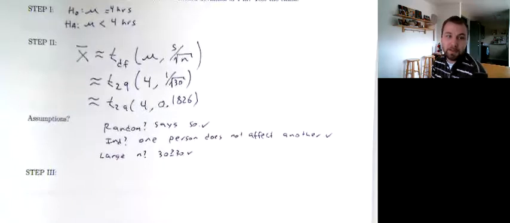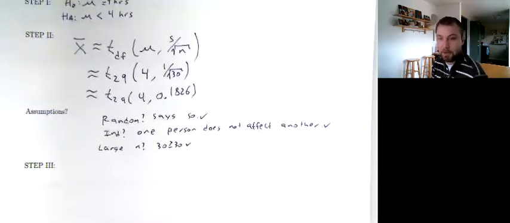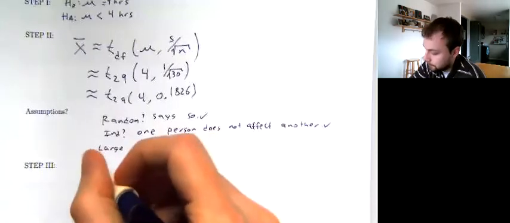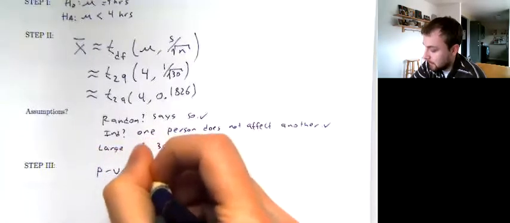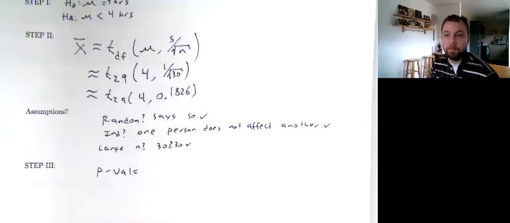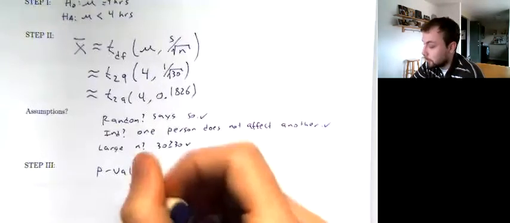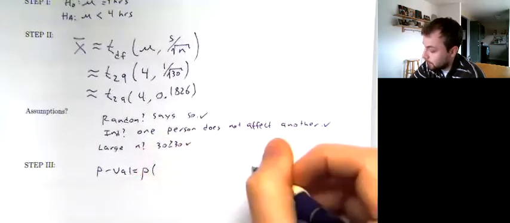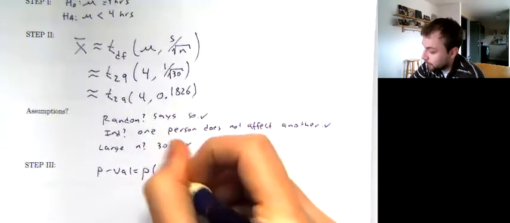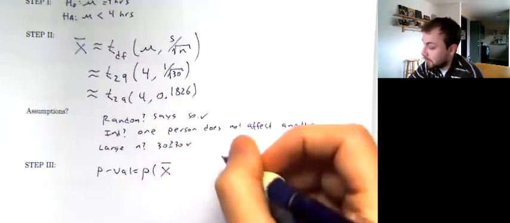So first step, hypothesis. Second step, model and assumption. I'm doing fine. Third step, p-value. My definition of a p-value is the likelihood, so I'm looking at the probability of something. My sample data, well, my sample data is a sample average.